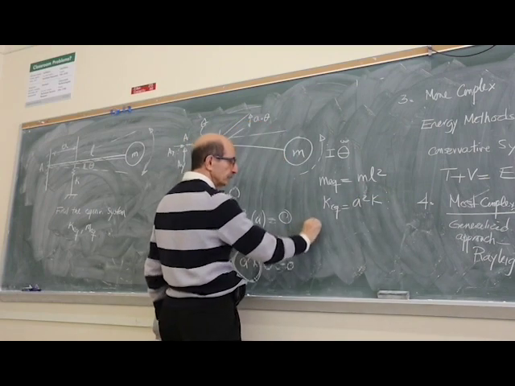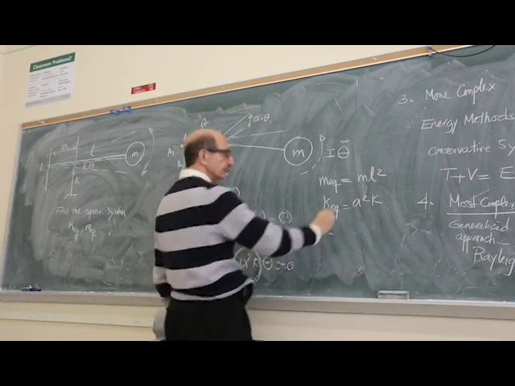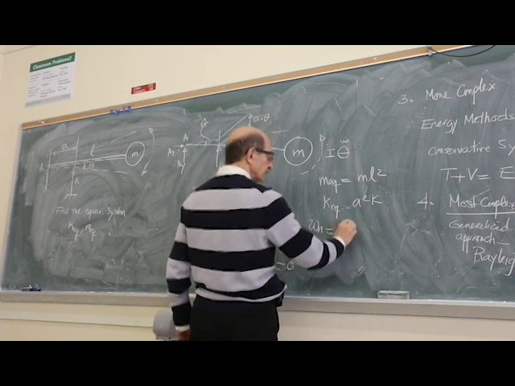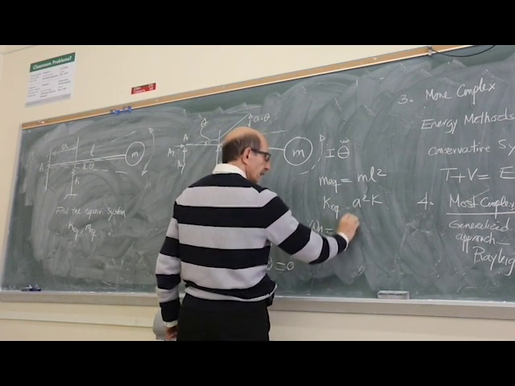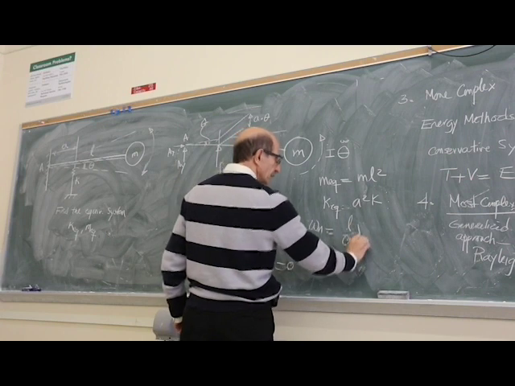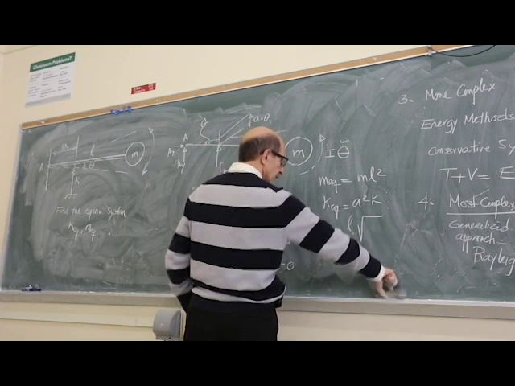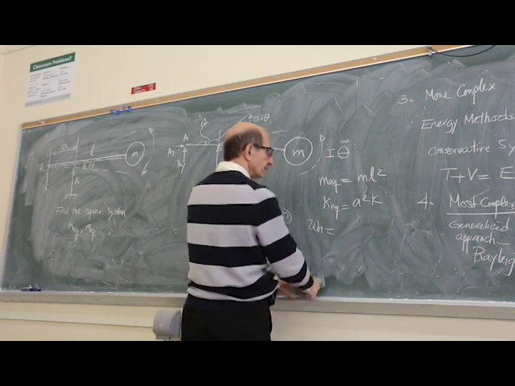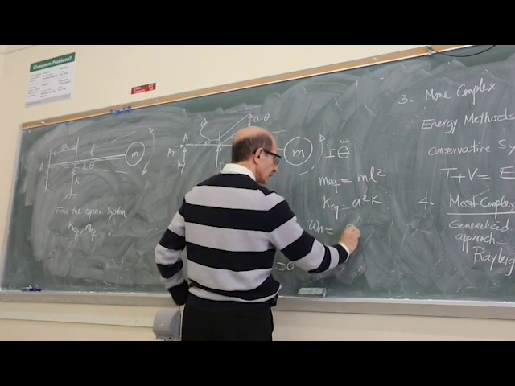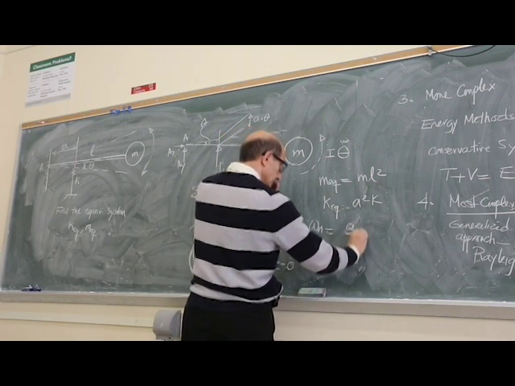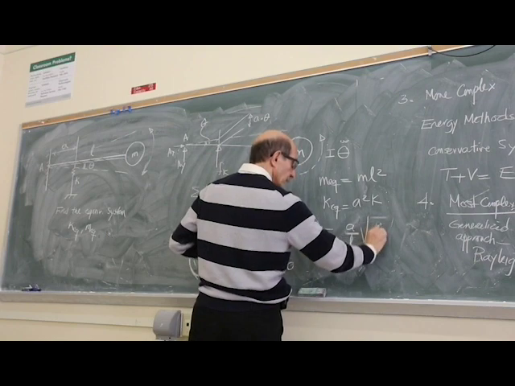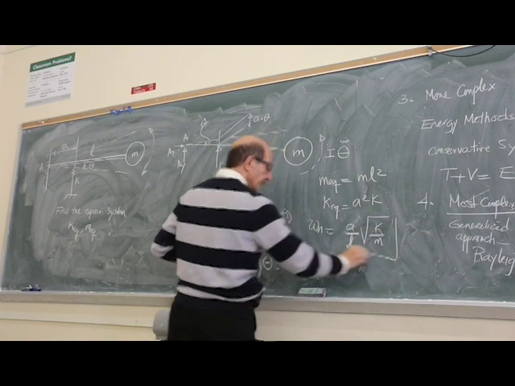Therefore, the natural frequency of this system would be basically A over L, times the square root of K over m.